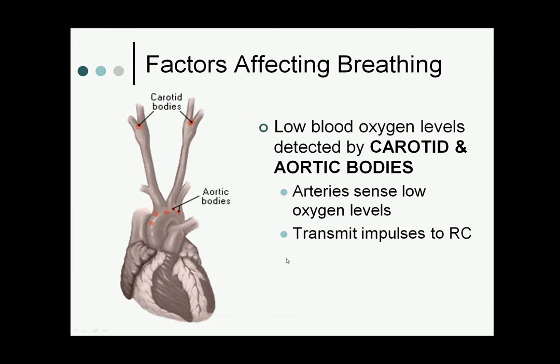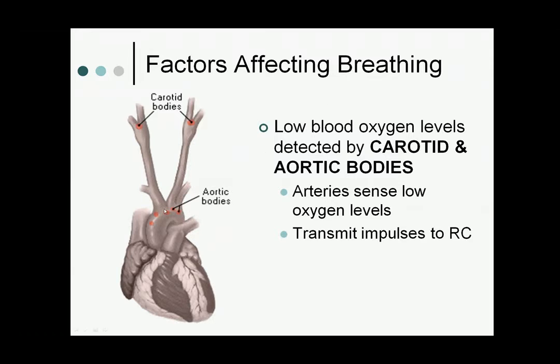decrease in breathing rate. The other end of the spectrum is detecting oxygen levels, and that is done by the carotid and aortic bodies, which are located in locations that you probably would assume. Knowing about the cardiovascular system, I'm not going to ask you where these are located, I'm just going to ask you what they're detecting.